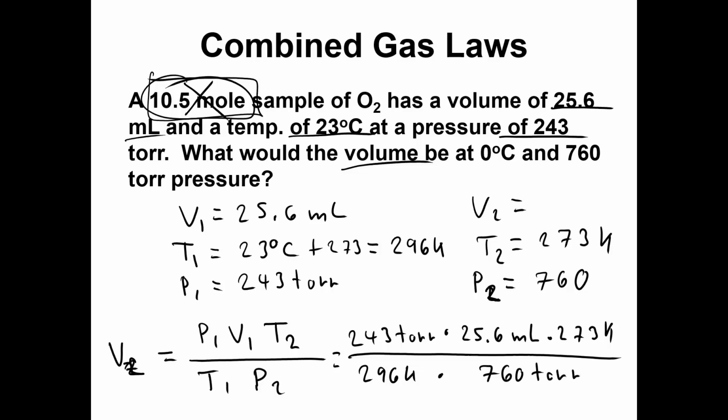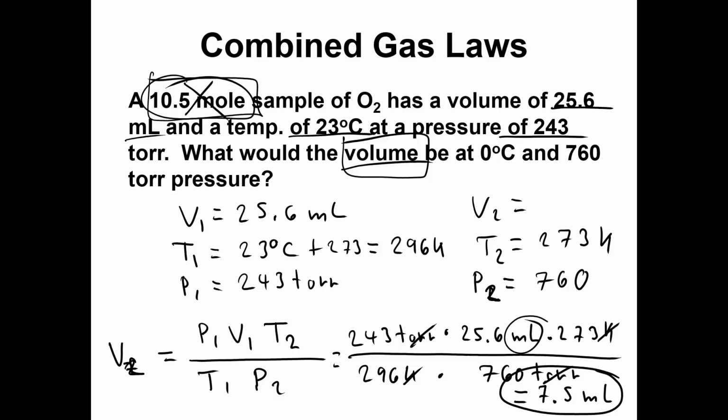And I've written all these units. I think it's important that you see that torr cancels here and that Kelvin cancels, and that whatever my answer is going to be is in milliliters. And since I don't really specify what unit I want that volume to be in, you can just put that in the calculator and you will find that there's 7.5 milliliters is the new volume.